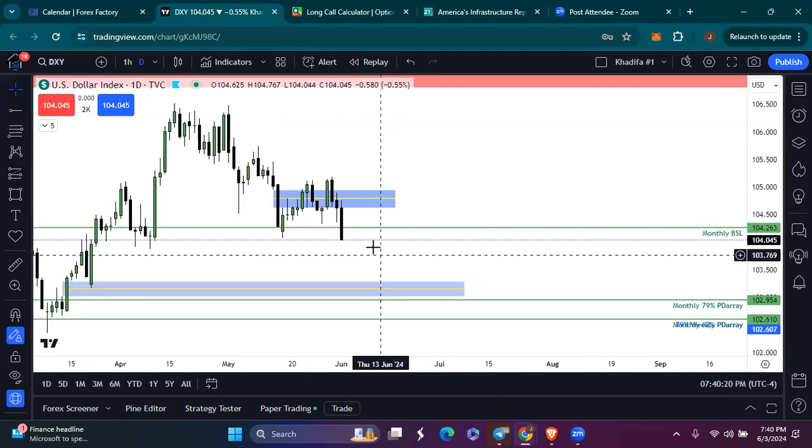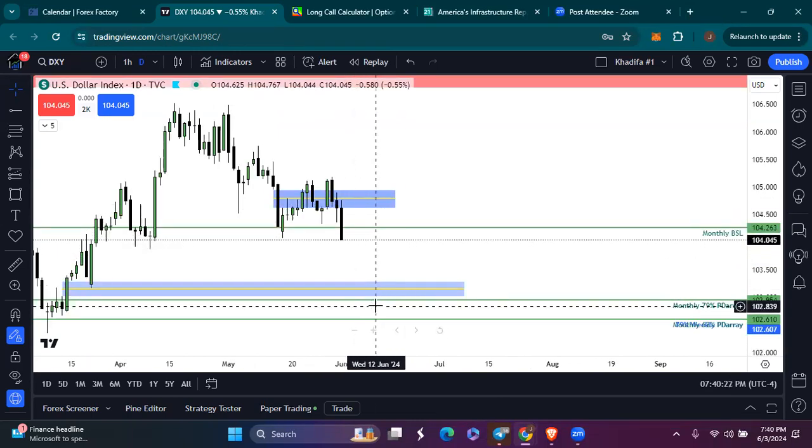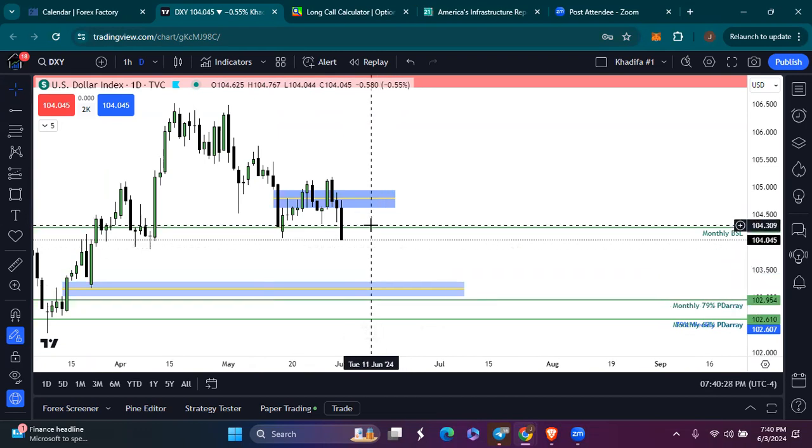I will allow for pullbacks, of course. Price never just goes in one direction forever, so we're always going to see areas of pullbacks or retracements in price action.